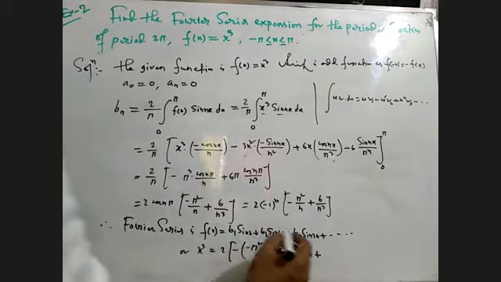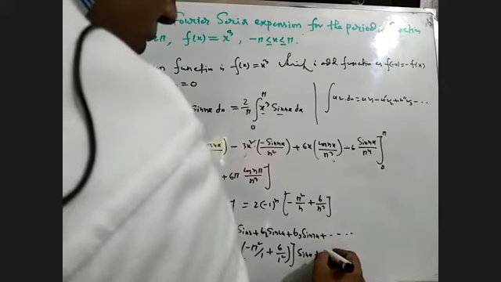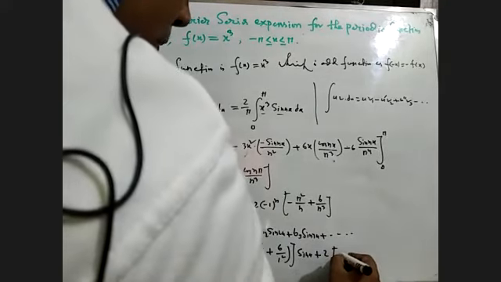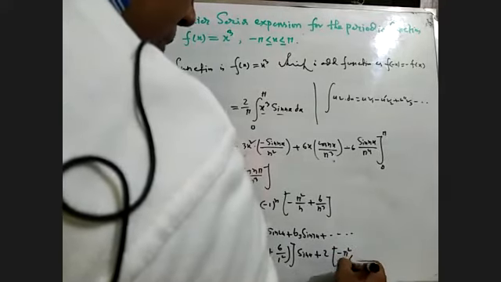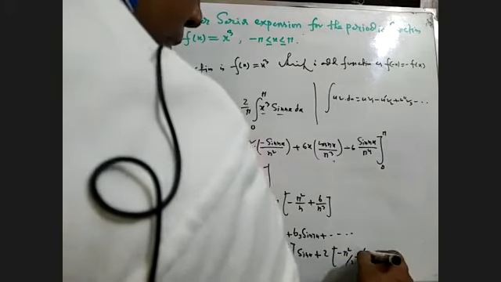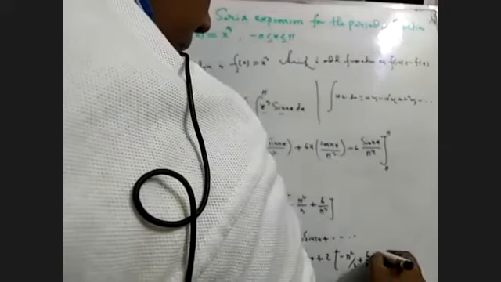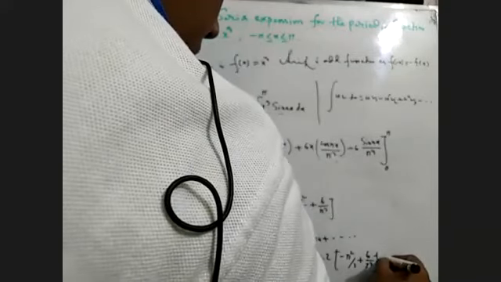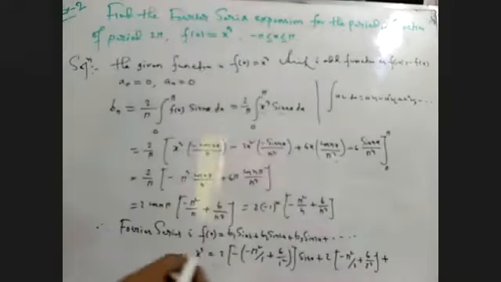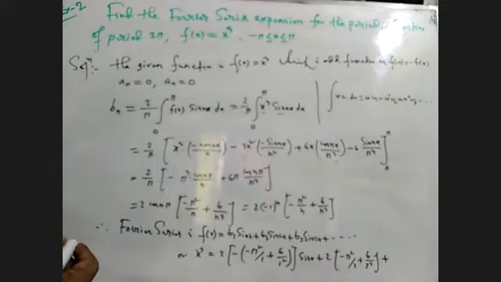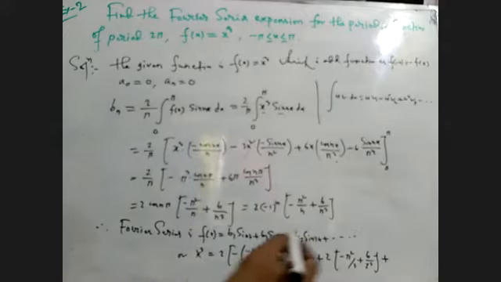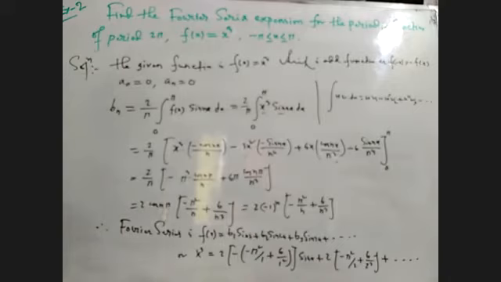Now for b2, n equals to 2, minus pi square by 2, 6 by 2 cube. And then putting b3, n equals to 3. This is the actually required result for us.